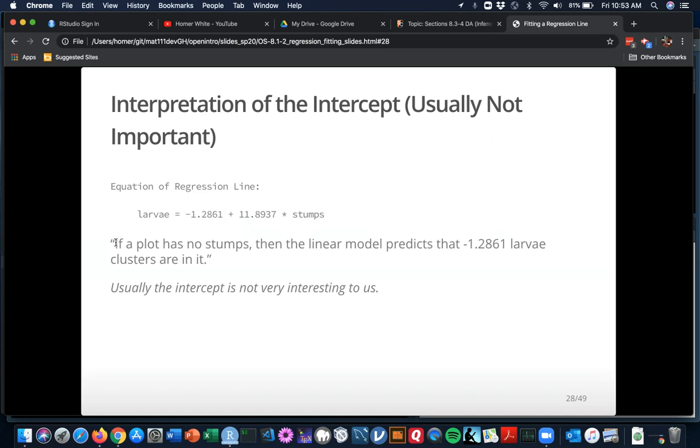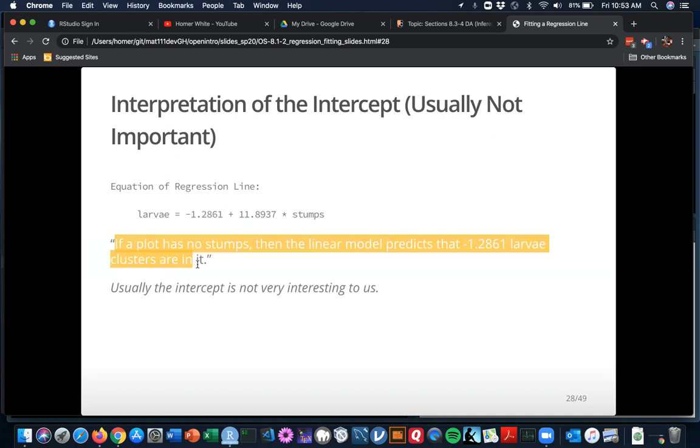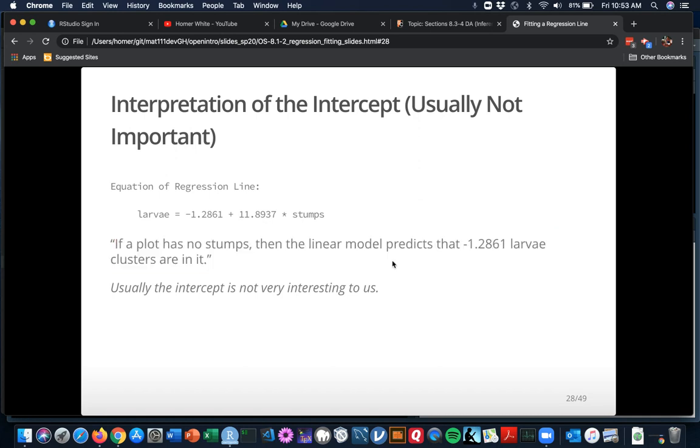And so if you interpret that in words, it's saying if a plot has no stumps, then the linear model predicts that there'll be negative 1.2 larvae clusters in it, which is kind of silly. You can't have negative larvae clusters anyway. And so usually the intercept is not very interesting to us to interpret.